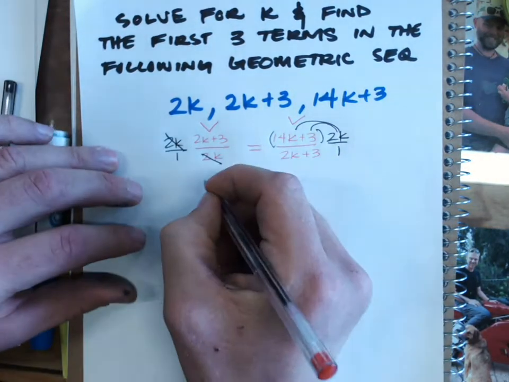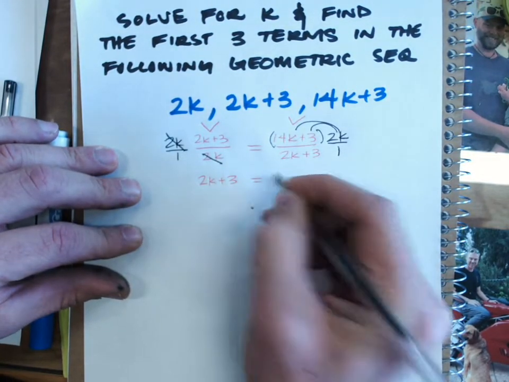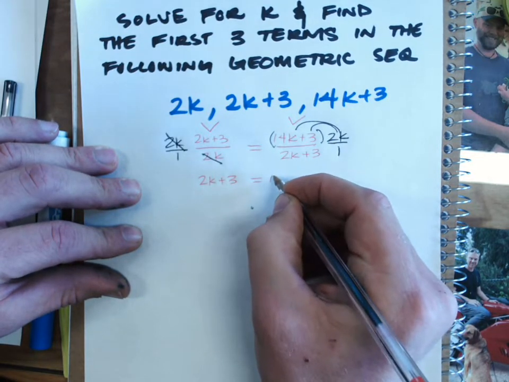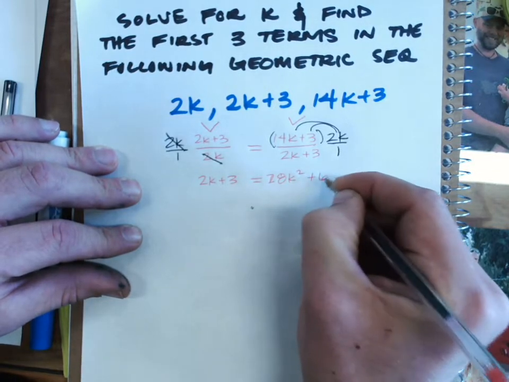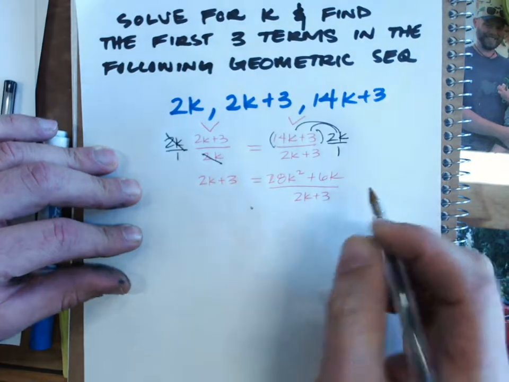If I rewrite what that looks like, 2k plus 3 is the only thing over here. It looks very good. But over here, not so good. This would be 28k squared plus 6k being divided by 2k plus 3.